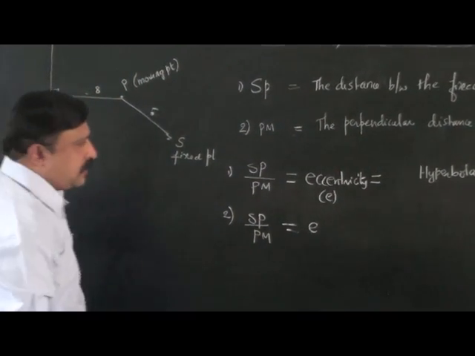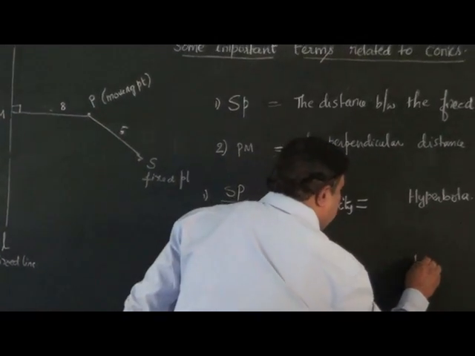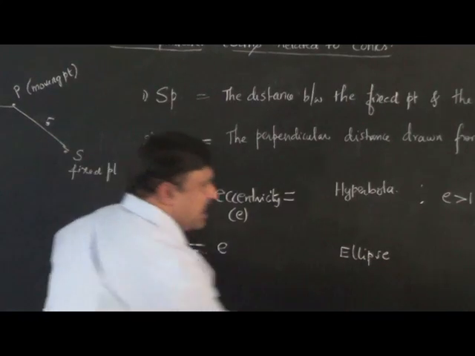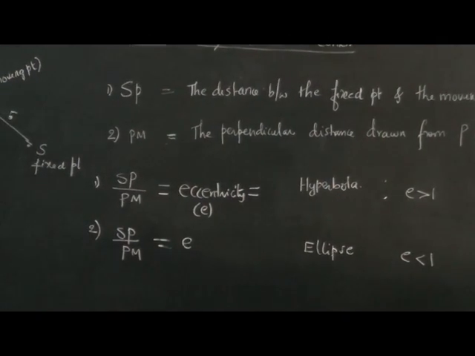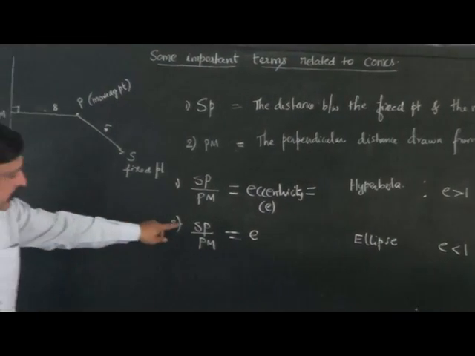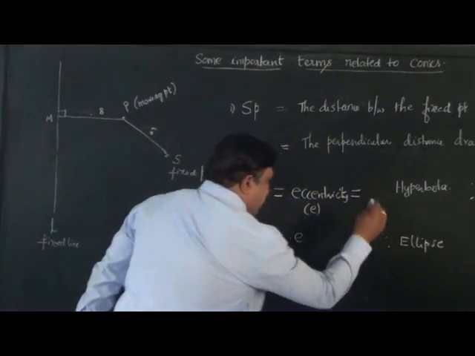If E is less than 1, then the conic is called an ellipse. So an ellipse is a conic whose eccentricity is less than 1, or the locus of P is such that the ratio of SP to PM is always less than 1.